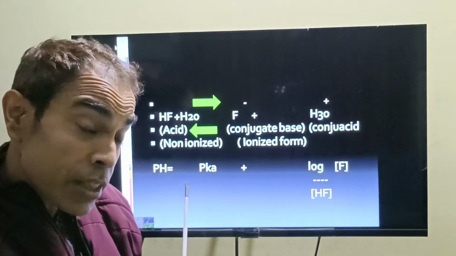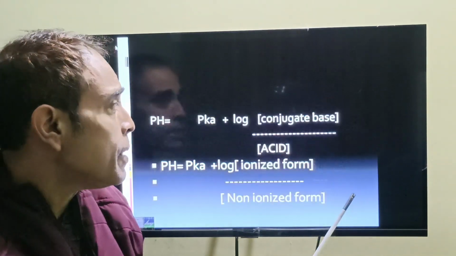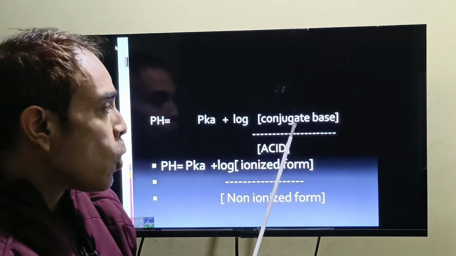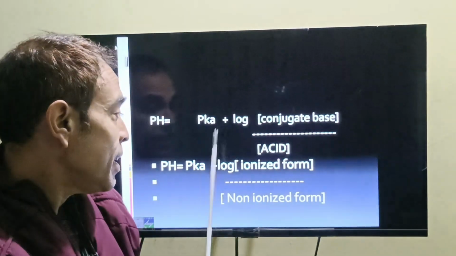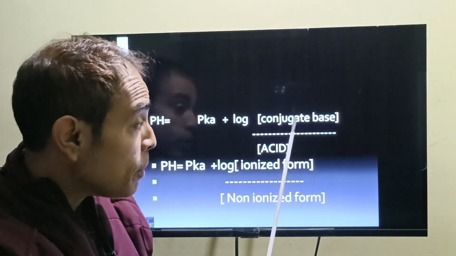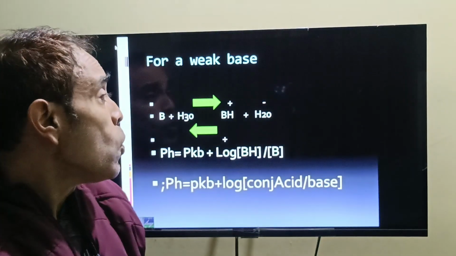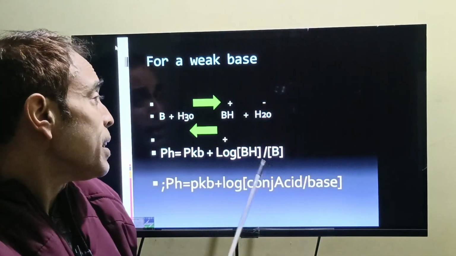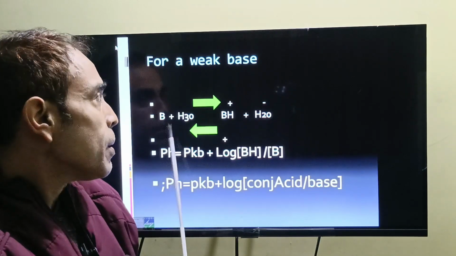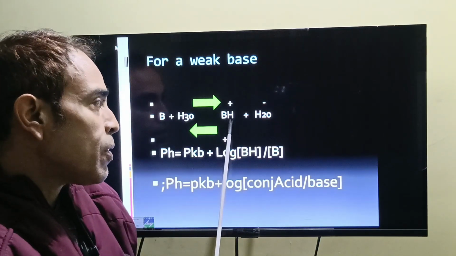So when you substitute in the equation pH equals pK plus log of fluoride by hydrofluoric acid, we get pK plus log of conjugate base by acid, or pH equals pKa plus log of the ionized form by the non-ionized form. Similarly for a weak base, it becomes base plus hydrogen ion and water.